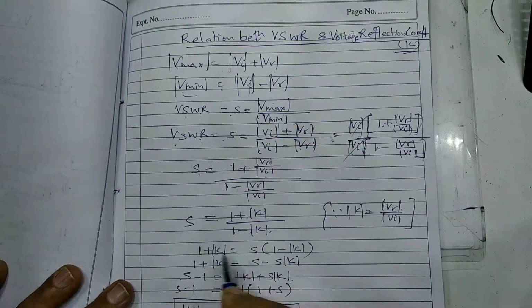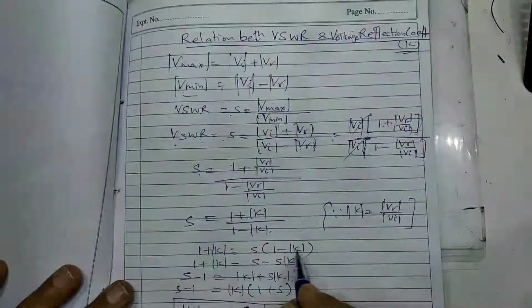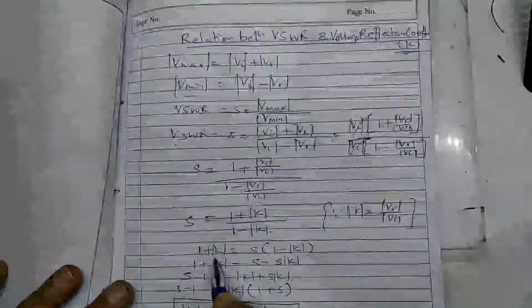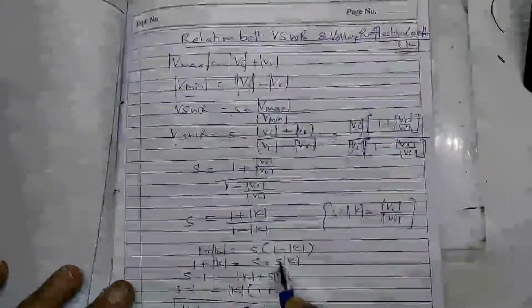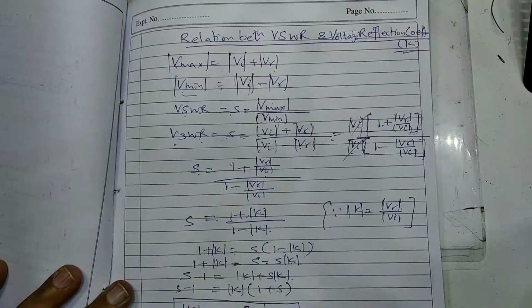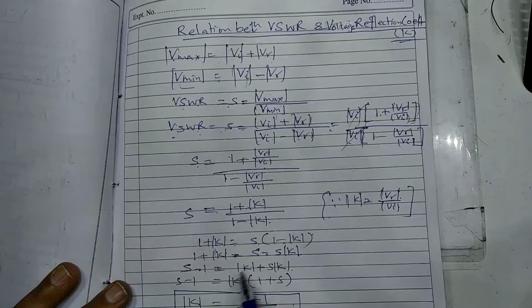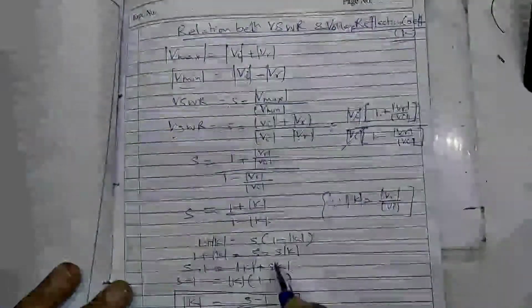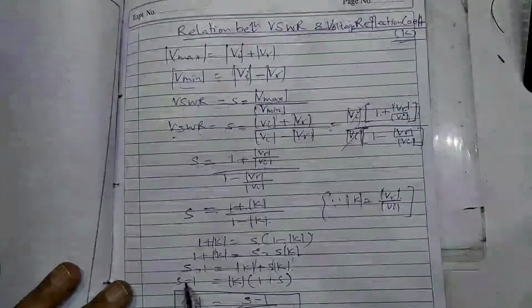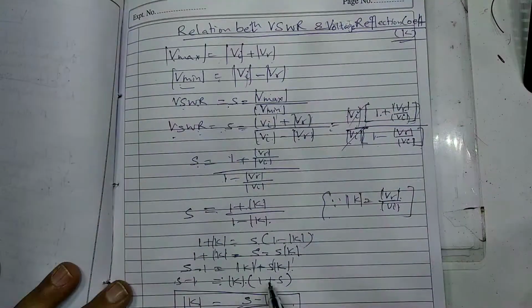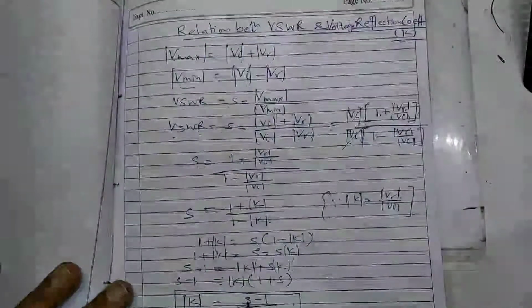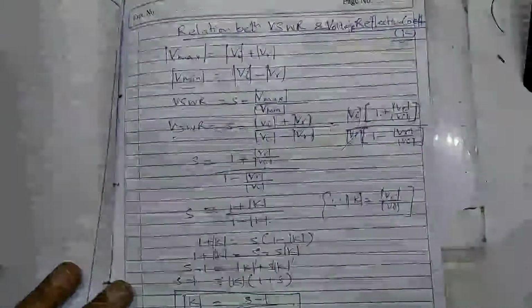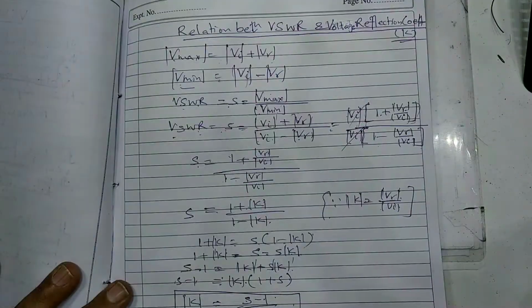So 1 plus K is equal to S into (1 minus K). 1 plus K is equal to S minus S into K. S minus 1 is equal to K plus S into K. S minus 1 is equal to K into (1 plus S). So the magnitude of K is equal to (S minus 1) upon (S plus 1). So this is the relation between VSWR and K.